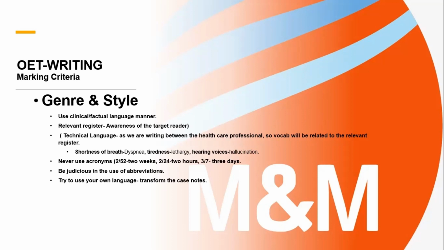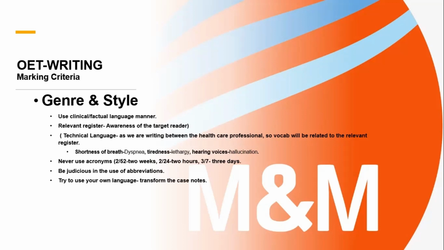So according to the recipient, you have to change the form. Even if I have written lethargy and I don't have another vocabulary word for that, I can change this form to lethargic. But show some skill that you have the ability to translate the case notes into your own language. Do not use the same words that have been written in the case notes.